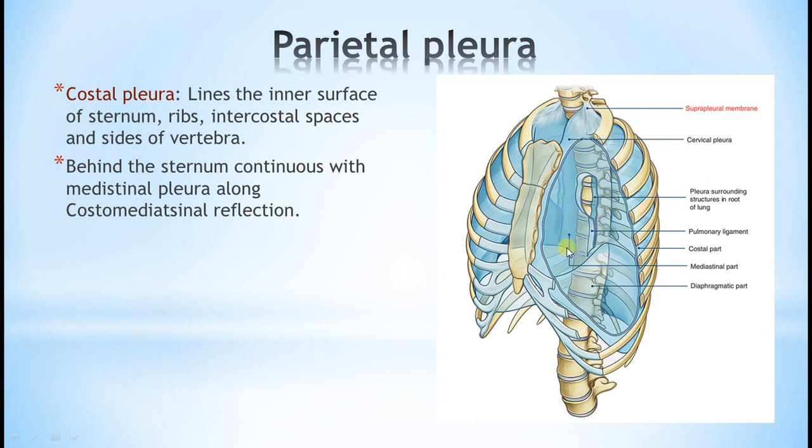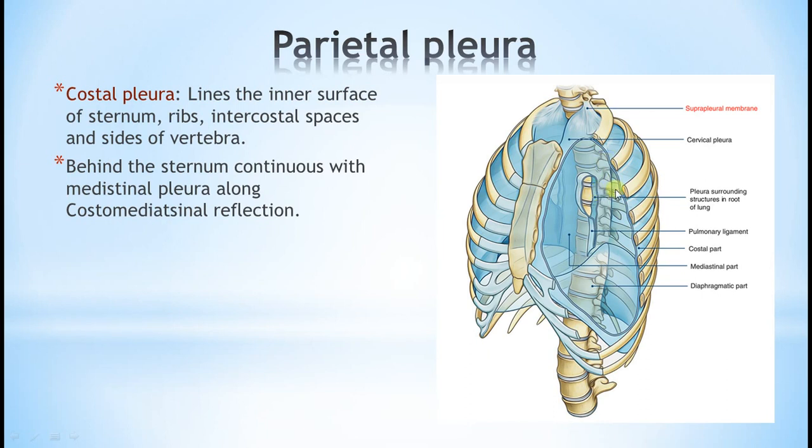Same way, if you look behind the sternum, the pleura reflects to cover the structures in the mediastinum. So behind the sternum, the costal pleura becomes the mediastinal pleura. Here also, from the sides of the vertebral body, the costal pleura becomes the mediastinal pleura.